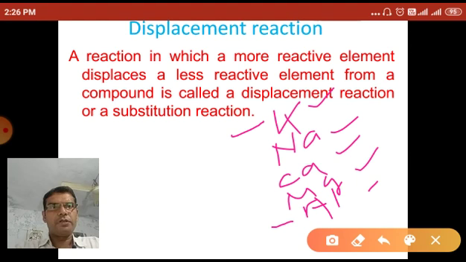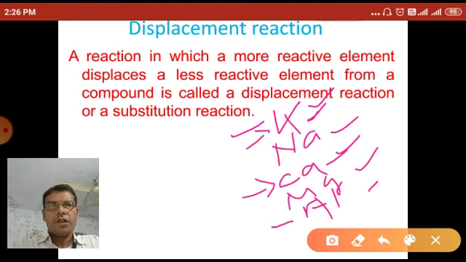So in this series, the metals are arranged according to their decreasing reactivity. So in any displacement reaction, if calcium is present and potassium is also present, then potassium displaces the calcium.